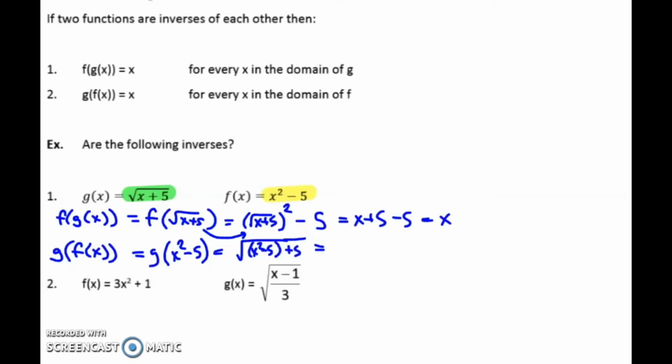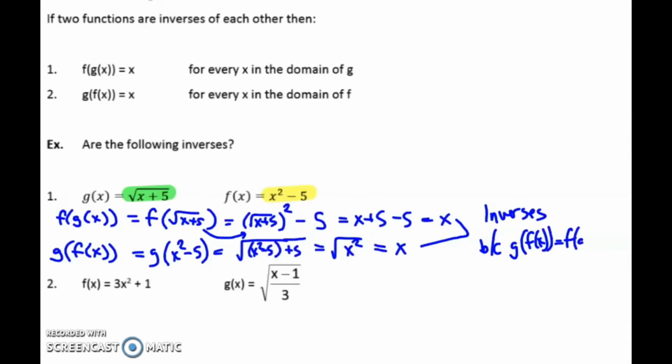So under the radical I have x squared minus 5 plus 5, which is just x squared. And then the square root of x squared is simply x. So now I can say inverses because g of f of x equals f of g of x equals x.